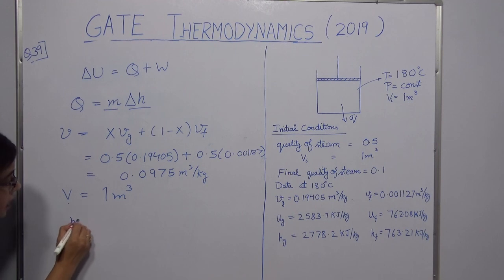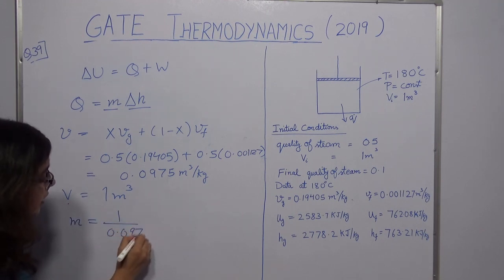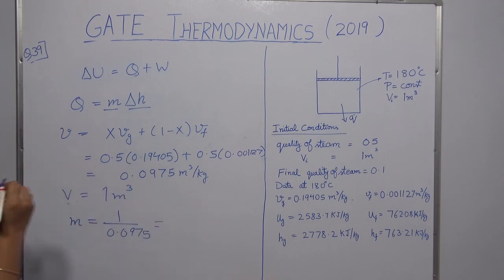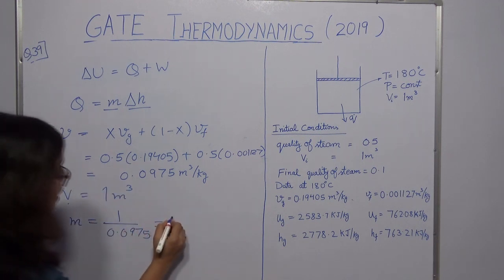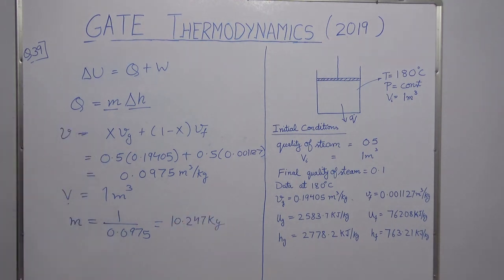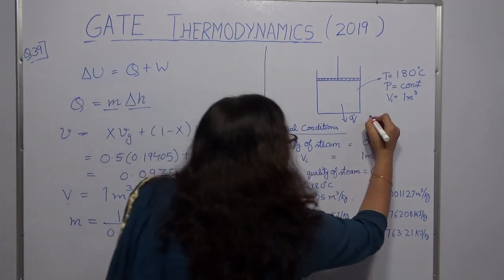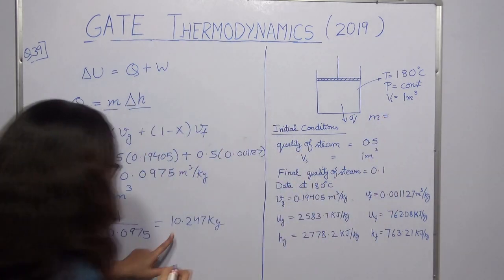That will give me my mass. Okay, so I am going to do that, 1 divided by 0.0975. So that comes out to be the value as 10.247 kg. Okay. Now this is the closed system, mass is not leaving, so this mass is going to remain constant. So that's what I am going to write over here before erasing it from the board.